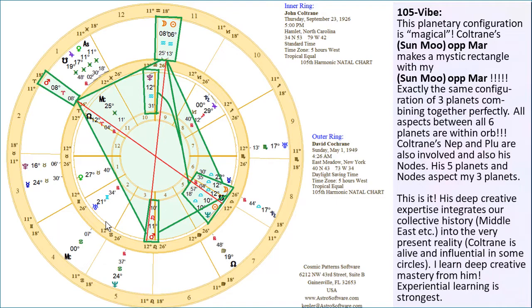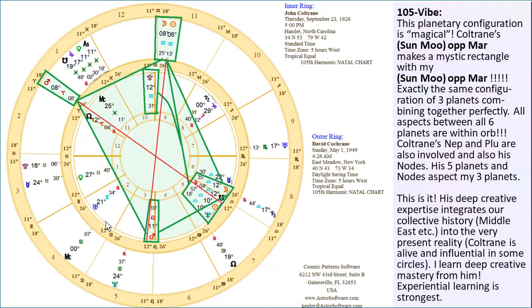And it's in the 35 times 3 that's totally mind-boggling, that both lights, his sun and moon and my sun and moon, are all connected in the 105 vibe.